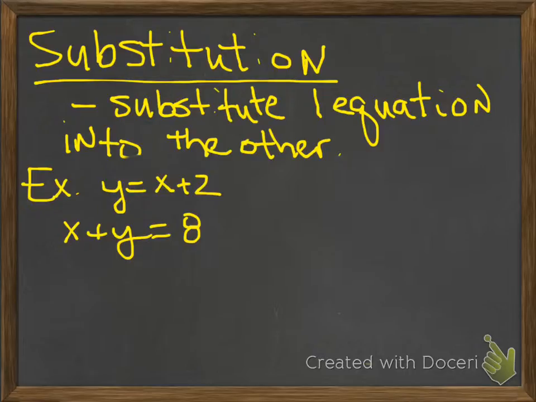What is y equal to? x plus 2. y is equal to all of this. All of that will go in place of the y into the second equation. So when I substitute the x plus 2, I'm going with the second equation. It's x plus, and instead of a y, what am I putting? x plus 2.